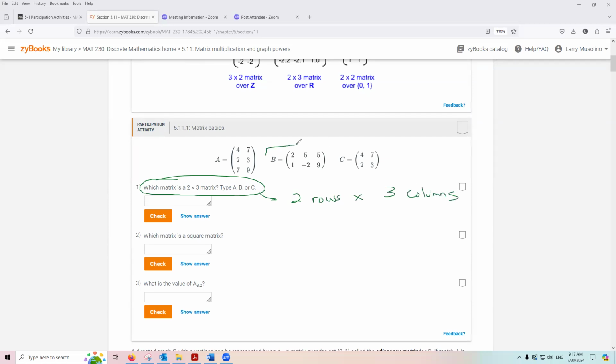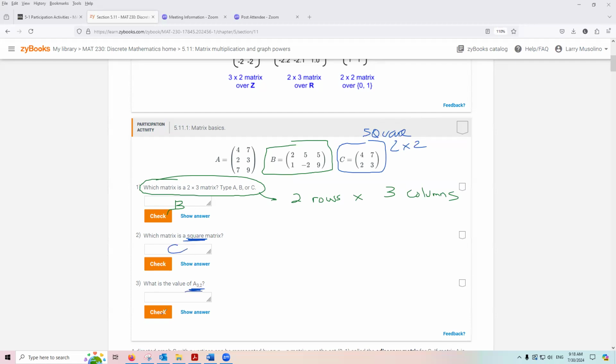The only matrix that is 2 rows and 3 columns is matrix B. So the answer here is going to be B. Next, it says, what matrix is square? Remember, square means it has to have the same number of rows and columns. Right here is the square matrix. It has 2 rows and 2 columns. So this answer is going to be C.